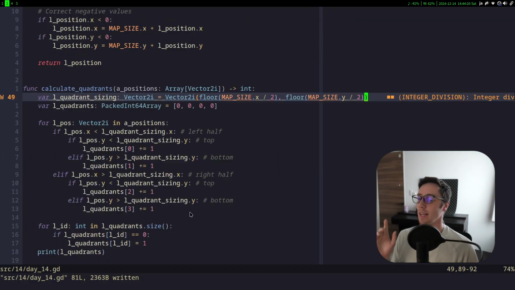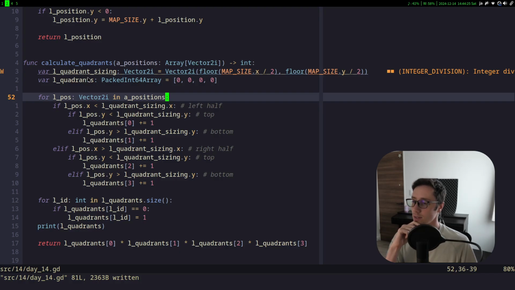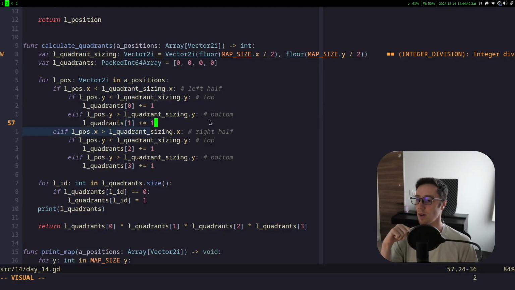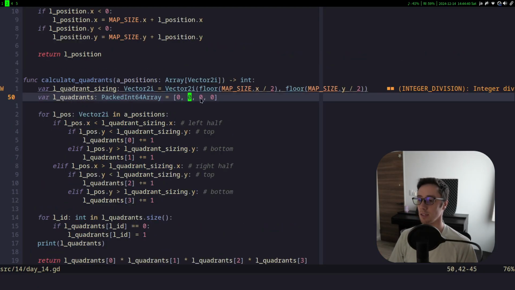Okay, and a little while later I have this function, the calculate quadrants function. First off, we calculate where the different sides are, like the minimum square size of each quadrant. Then we check the left half top, left half bottom, right half top, right half bottom, and add them to each individual number.